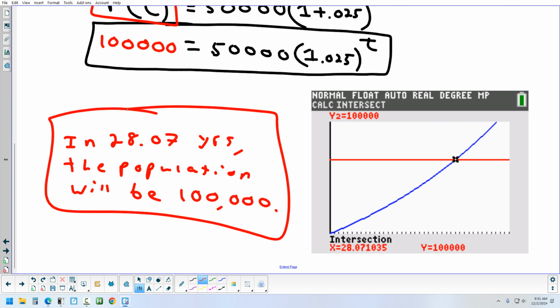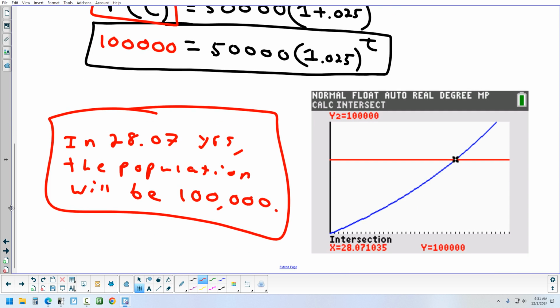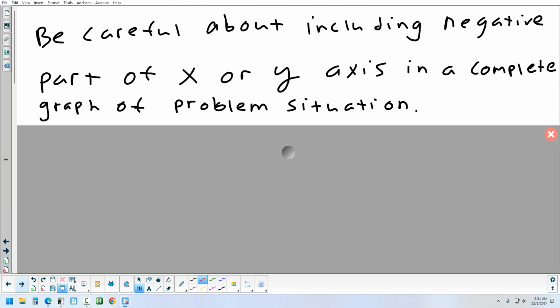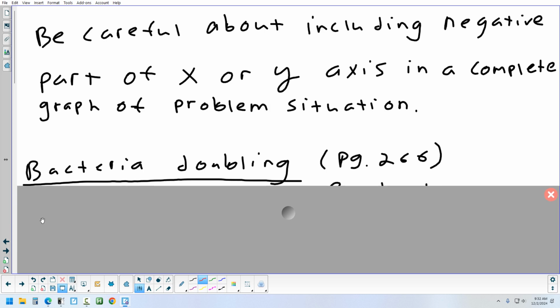So you just got to make sure you zoom out enough to see what you're trying to see. Any question on that one? So as I kind of mentioned in the last problem, be careful about including negatives because sometimes it doesn't make sense, okay, especially when you're dealing with time.